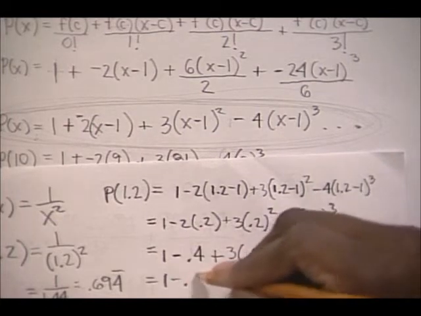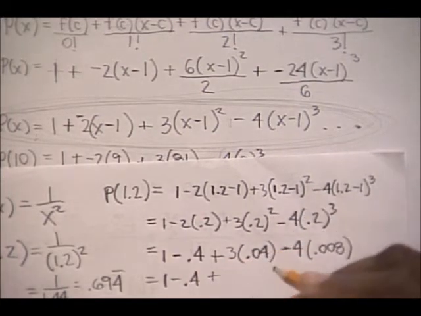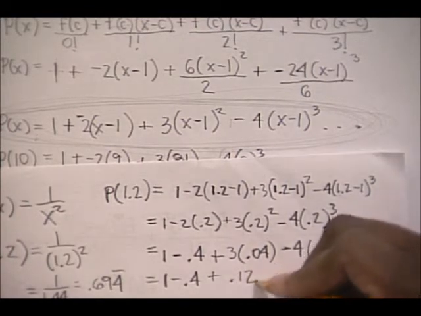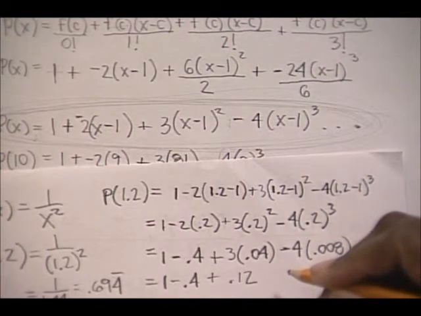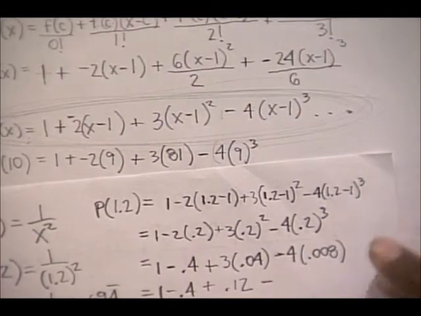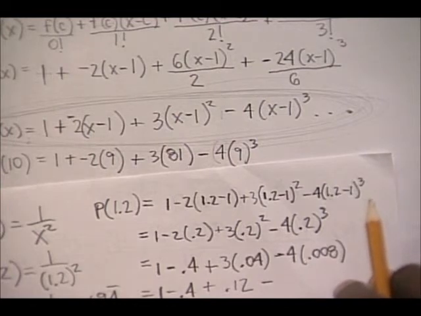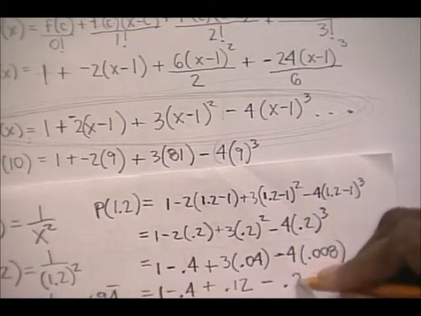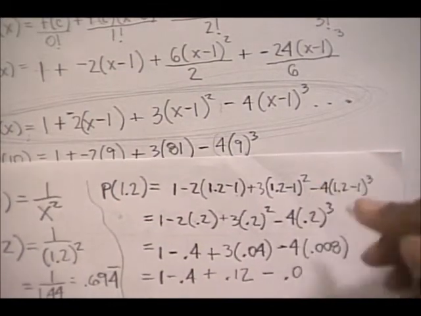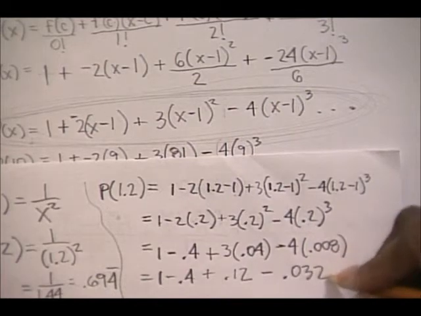And we end up with 1 minus 0.4 plus 3 times 0.04, that's 0.12, and then minus 4 times 0.008, which is 0.032.